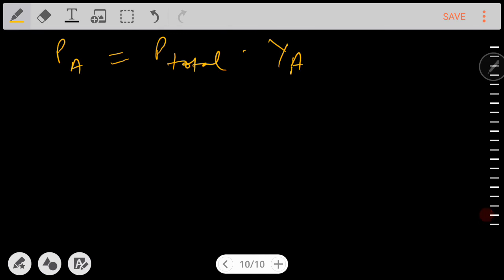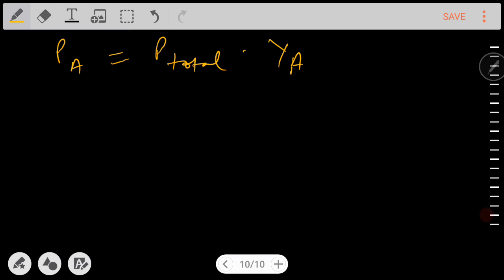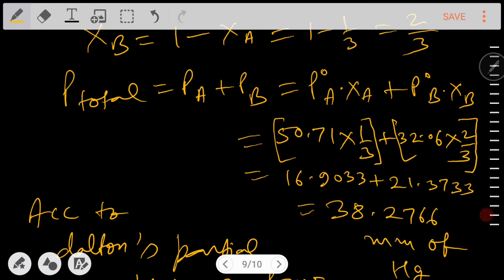The vapor pressure of A component we have determined as P naught A into Xa, and its value is 16.9033, that we have already determined, and P total we have determined as 38.2766. I want to show you where we have calculated the value of Pa. See this value, Pa is equal to P naught A into Xa.